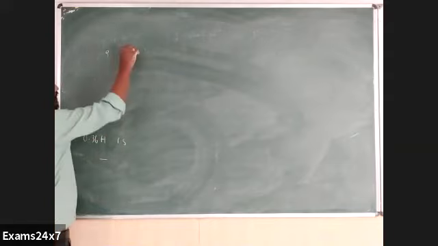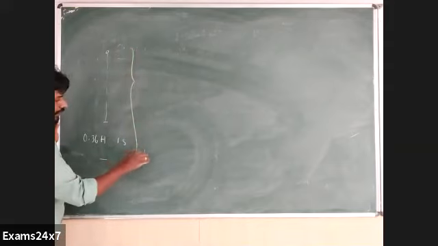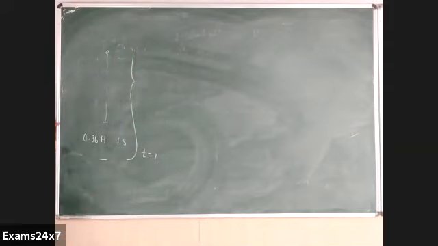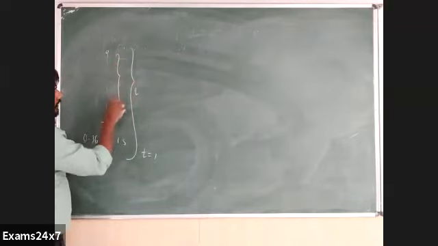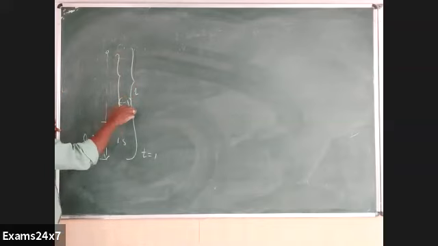Suppose the total time taken is t. That means in the last 1 second it covers 0.36 h. So what will be the distance covered in t minus 1 second? In t minus 1 second, it will cover 0.64 h.